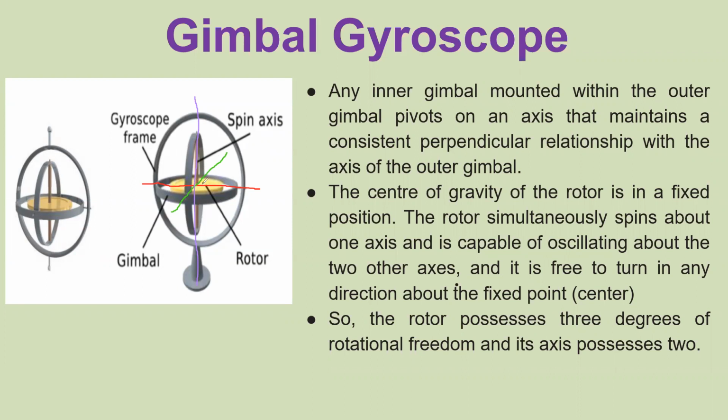So now it has 2 degrees of freedom. As that is hinged or fixed to this outermost gimbal, it can rotate around this red axis. So this yellow disc or rotor has 3 degrees of freedom to rotate.